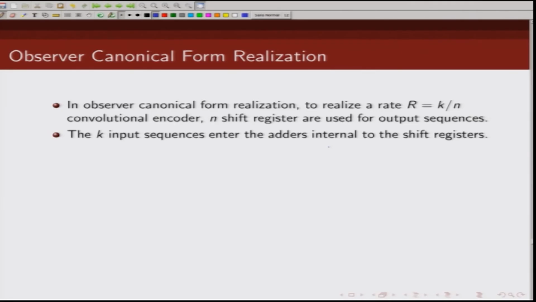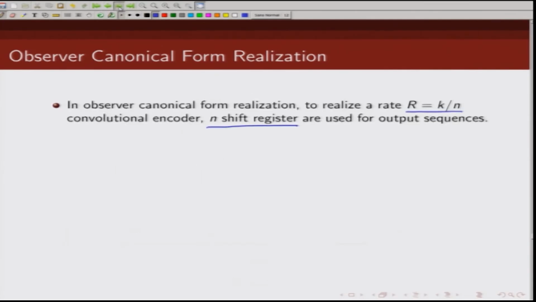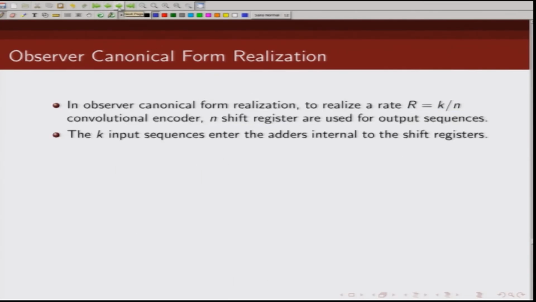If you recall, in case of a controller canonical form realization, the input is entering here, and at each time instance when your clock comes, they shift one location to the right, this will move to here, this will move to here. Whereas, in the observer canonical form realization, these inputs are directly entering into the shift register and these adders are internal to the shift register.